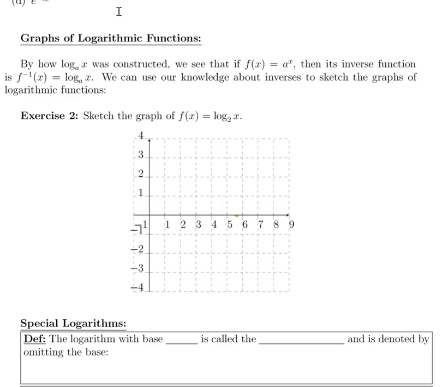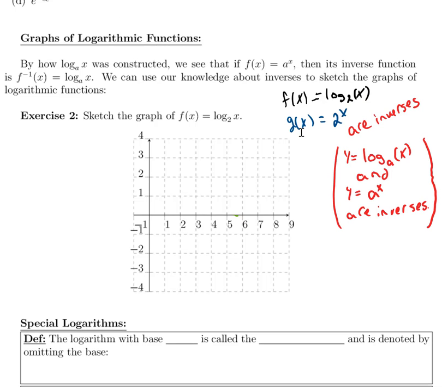So it turns out that log base 2 of x and 2 to the x are inverses. And more generally, log base a of x and a to the x are inverses. So if I want to understand what the picture looks like, I just need to understand exponentials really well.